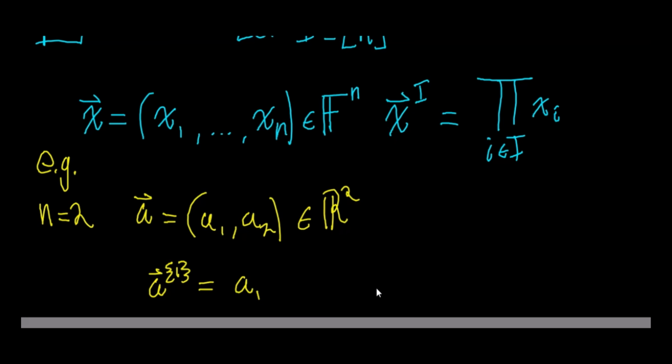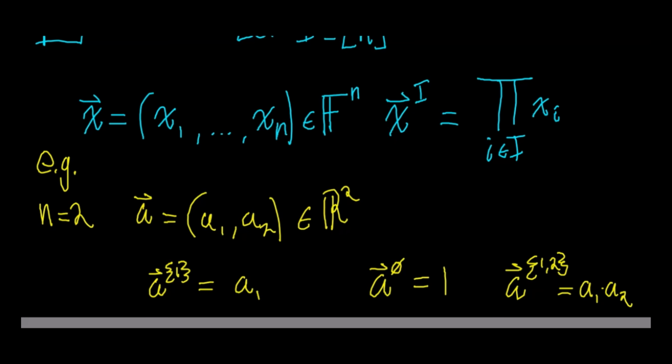Another example would be a raised to the empty set. What would this be? Well, this is the empty product, the product of 0 elements. We define that to be just 1. And let's do one more. If we raise a to the set containing 1, 2, this would be a1 times a2.